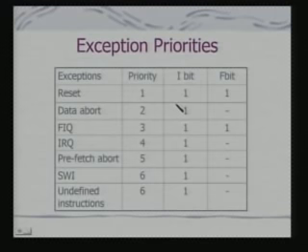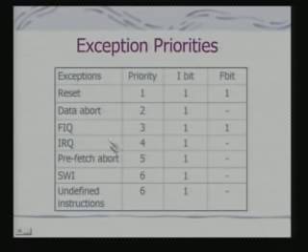What is the meaning of this? Say in the reset exception, when it occurs, the I bit is set and the F bit is set, which in effect means that both the fast interrupt request as well as the interrupt request are getting disabled.